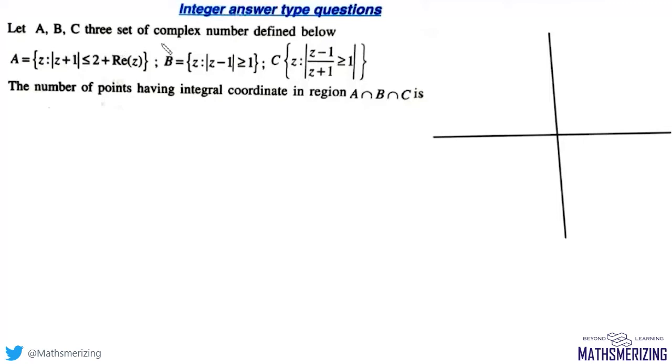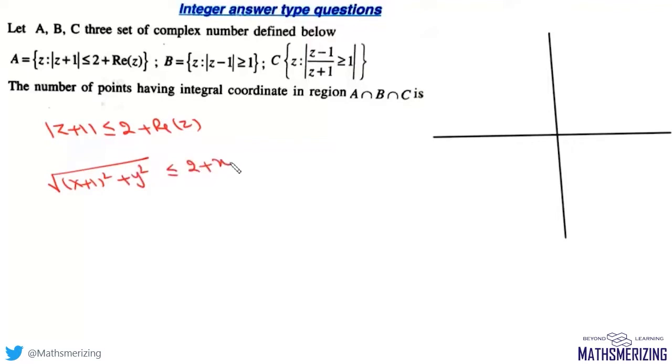Let A, B, C be three sets of complex numbers defined below. Now the first one is mod of z plus 1 less than or equal to 2 plus real part of z. Now this is under root of x plus 1 whole square plus y square, and will be less than or equal to 2 plus x.